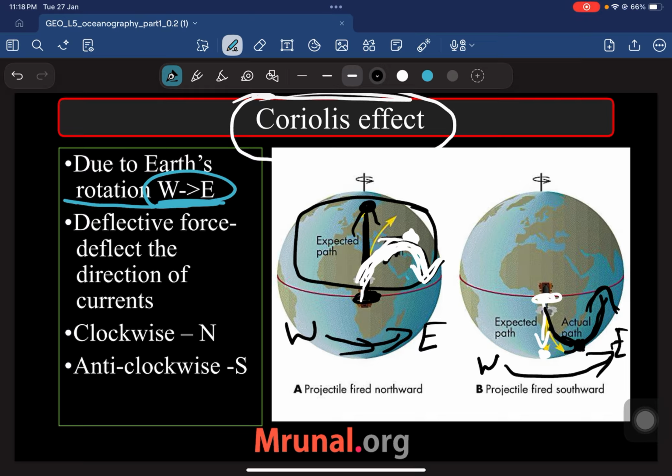This is how it deflects in the northern hemisphere. In the southern hemisphere, it will deflect anti-clockwise. Understood about Coriolis force?